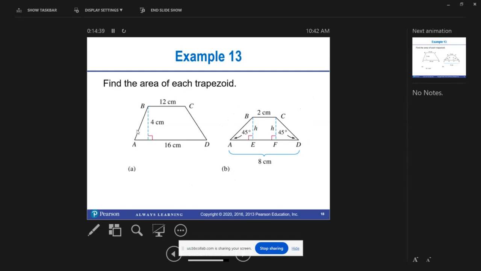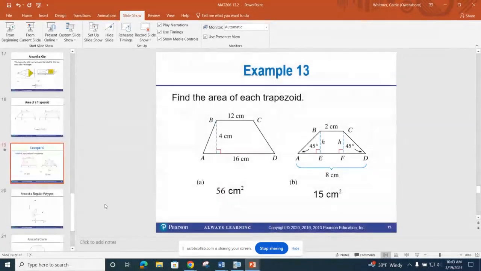Okay, here we want to find the area of the trapezoid. So the area of this first trapezoid is going to be 1/2 times 4 times 12 plus 16. So let's look at what that would be in our calculator.